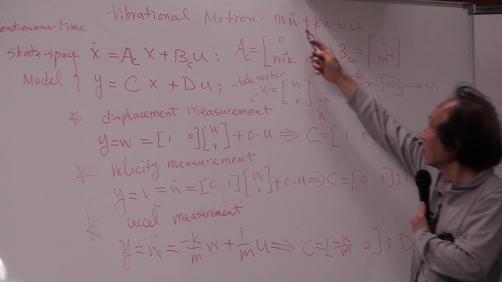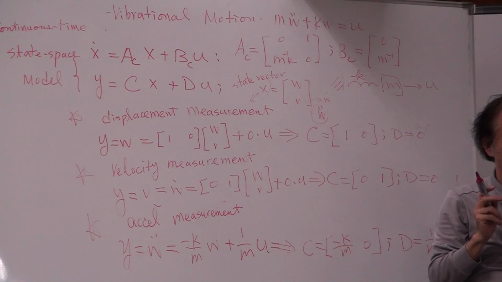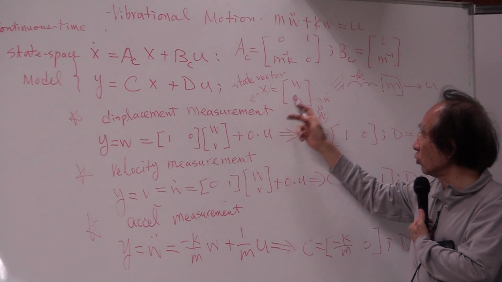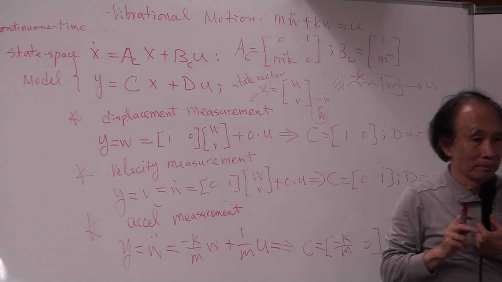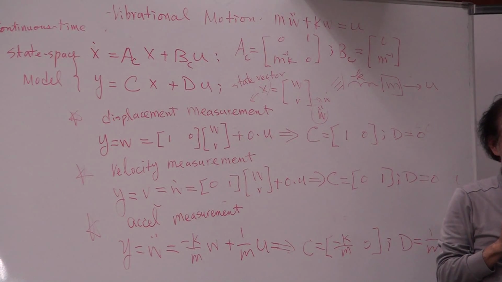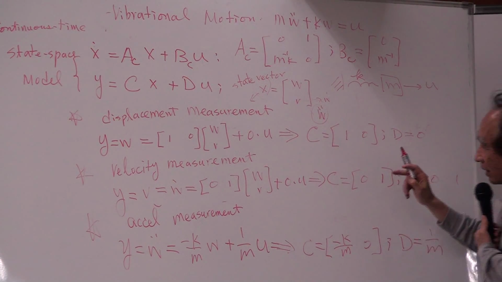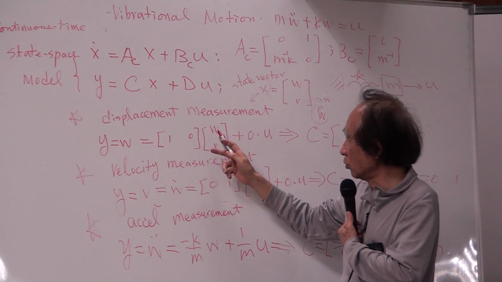W double dot we can solve from here. So the state vector only includes independent quantities. Understand?